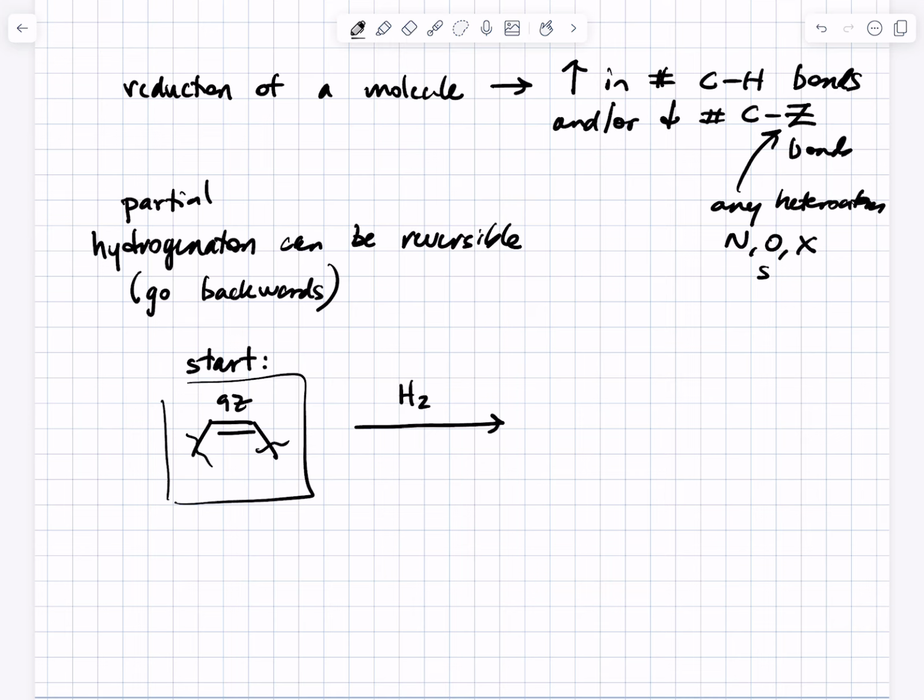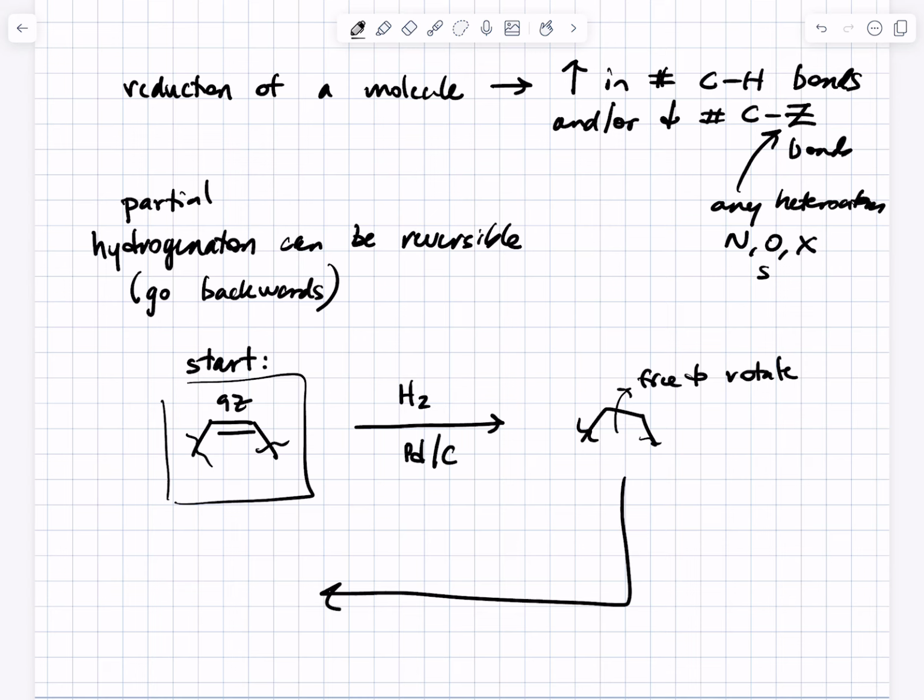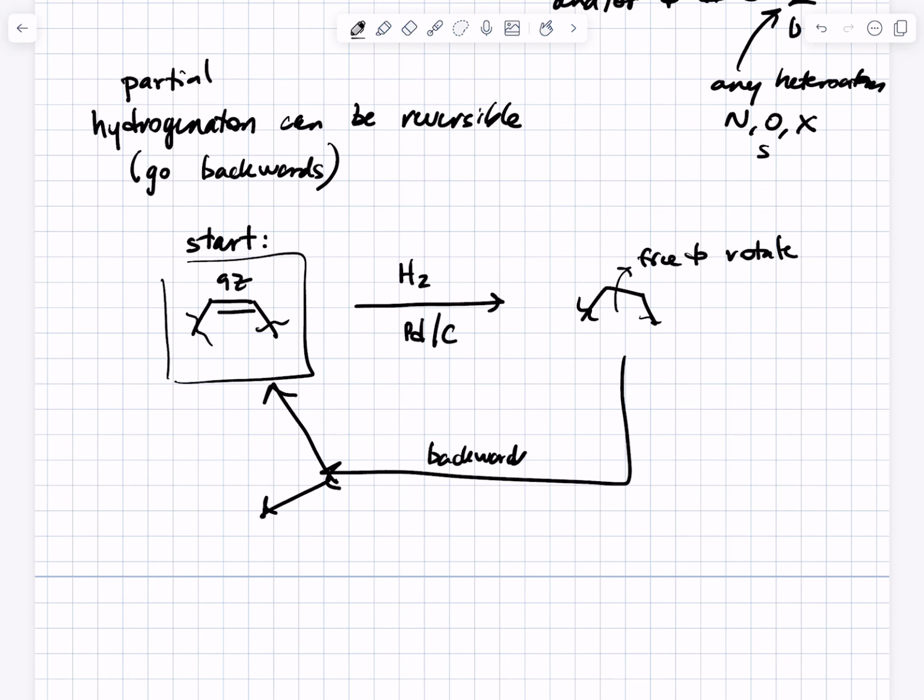When you reduce with hydrogen and palladium on carbon, you lose the double bond, and now you're free to rotate around that single bond. And if it goes backwards, you have the possibility to not only get the cis configuration, but also the trans configuration.